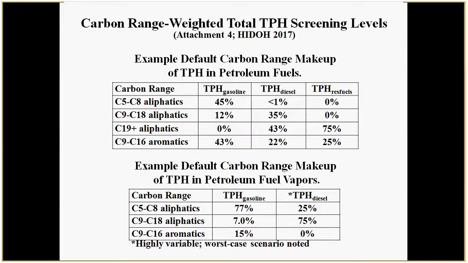Lots of carbon ranges, lots of screening levels. We try to simplify that in our guidance, and we develop carbon range weighted TPH screening levels. So what we can do for gasoline, diesel, and what we call residual fuels is look at the carbon range makeup of each one of these different fuel types.